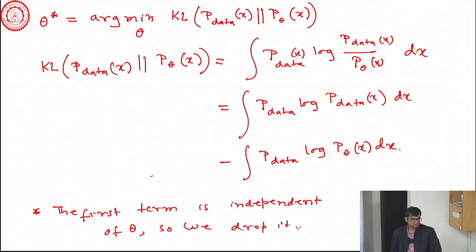So if we drop it, what is my objective function, or what is my problem statement now? Theta star is equal to, you can either minimize with the negative sign or maximize excluding the negative sign. So let me write maximize. I at least have to write one negative sign less.